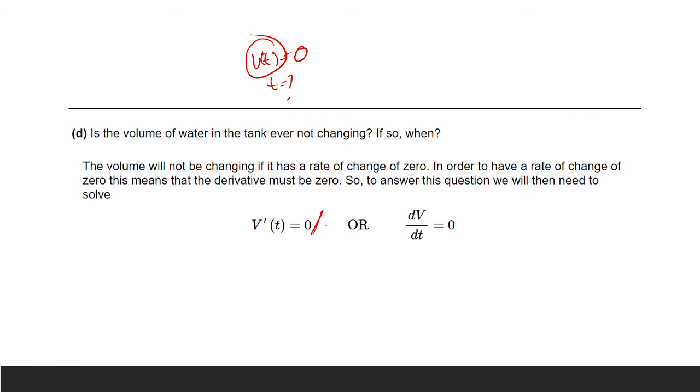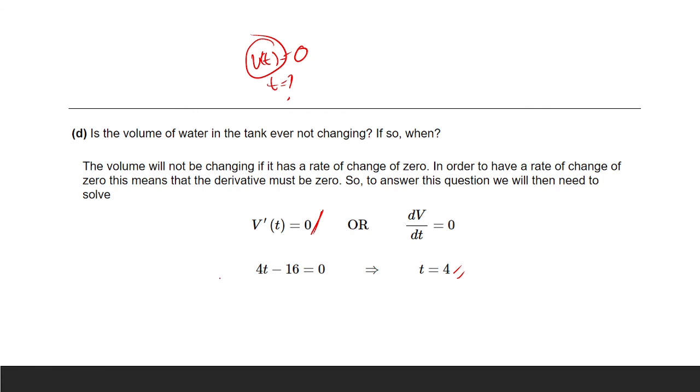At that instant, no, hindi nag-change yung volume ng water doon sa tangke natin. So yun ngayon yung hanapin natin. Anong time mangyayari yun? O dahil substitute lang natin to our derivative. So we have 4t minus 16 is equal to 0. So, makakancel yung 4. So, lipat yung 16 sa kabila. Then, divide the whole equation by 4. That is at t is equal to 4 minutes.